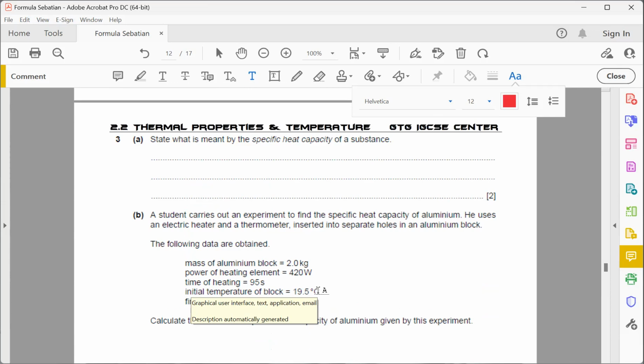This one is the energy required to heat up 1 kg of object by 1 degree Celsius. That will be acceptable. This one, then you need to change the temperature of the wood. Excellent.